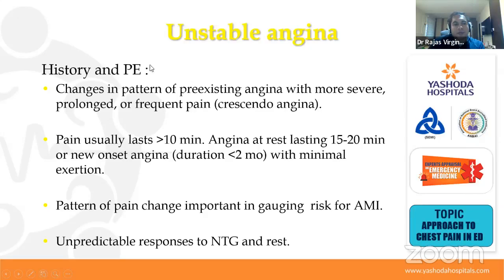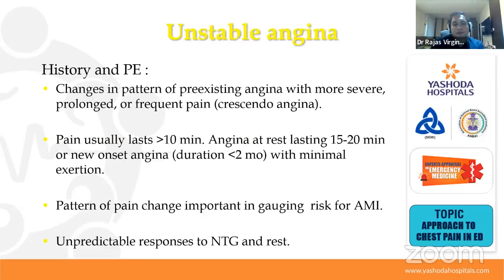Let's talk about unstable angina. Again, when we talk about the history, this is a change in the pre-existing angina pattern with a more severe or prolonged or frequent pain. These episodes can last more than 10 minutes, occurring at rest, and occurring with minimal exertion.